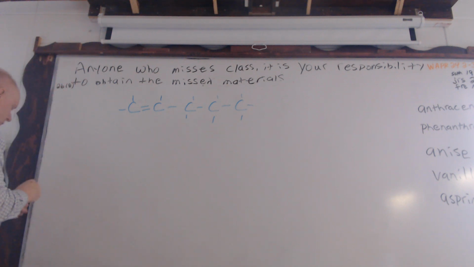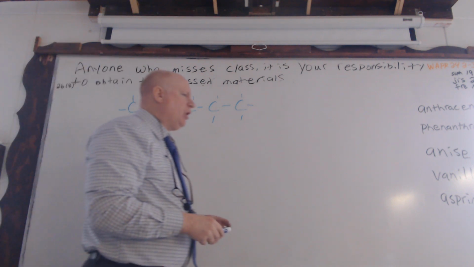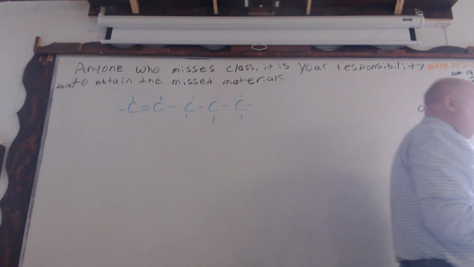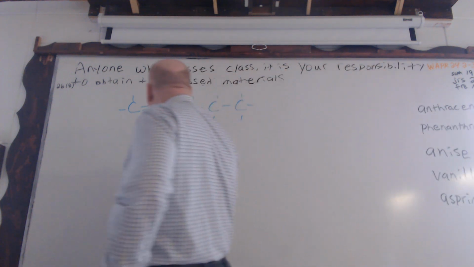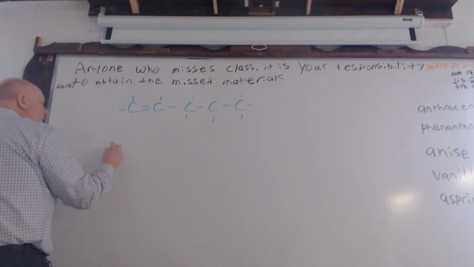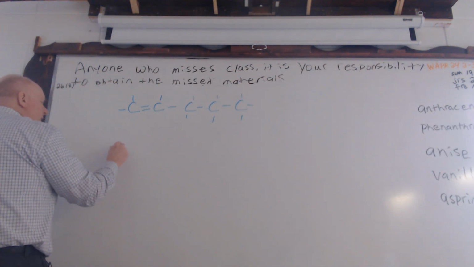We'll shoot for maybe 3 isomers of that compound. The simplest thing you could do from this molecule of pentene would be change it to 2-pentene.